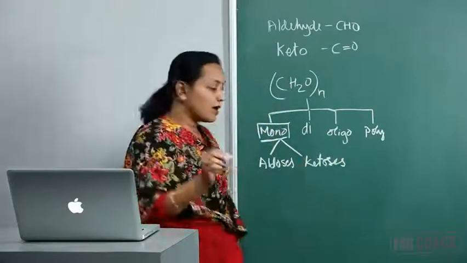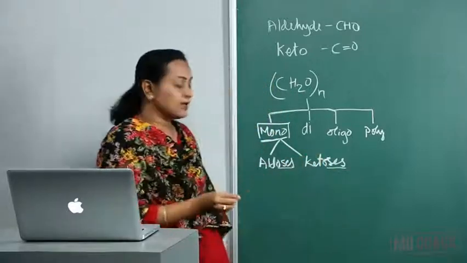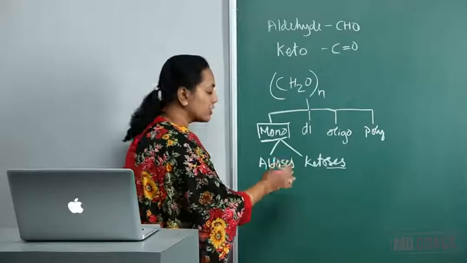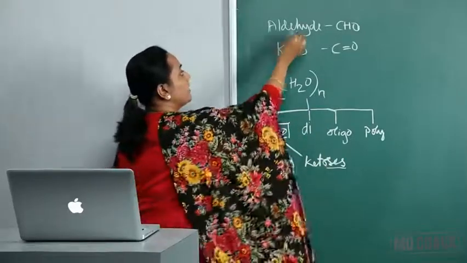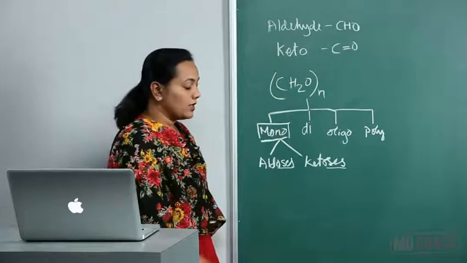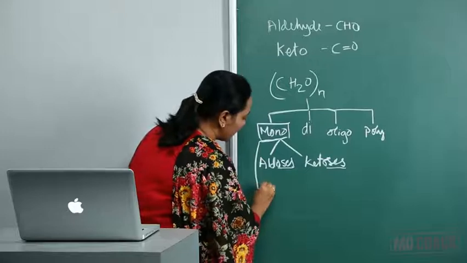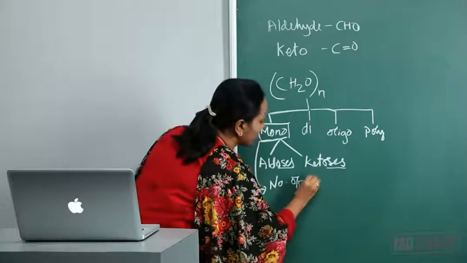Remember that all carbohydrates usually end in the word 'ose'. This is the way classically the nomenclature of carbohydrates has been, aldoses or ketoses, depending upon the aldehyde group or the keto group. Again, these monosaccharides can also be classified based on the number of carbon atoms.